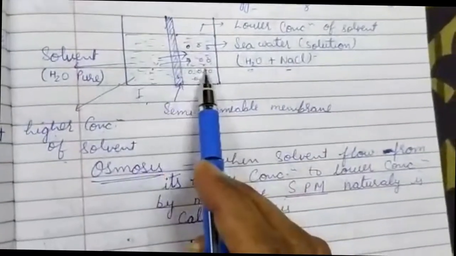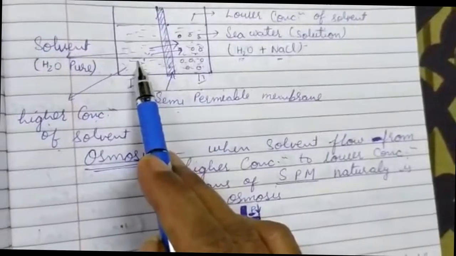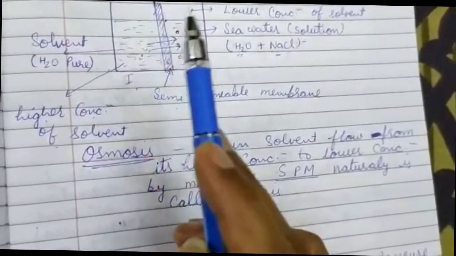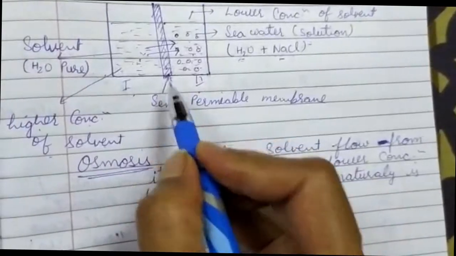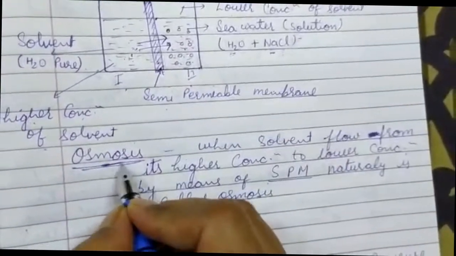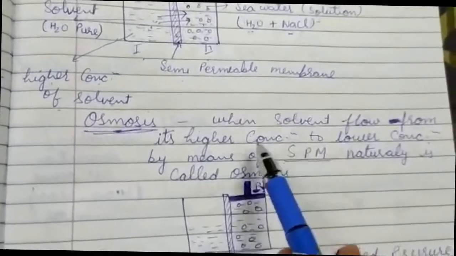Now this process or phenomenon of flowing of water from its higher concentration to the lower concentration by means of a semi-permeable membrane is known as osmosis. So we can see the definition of osmosis.